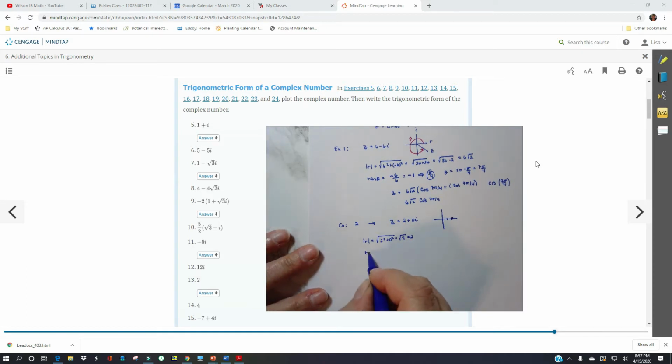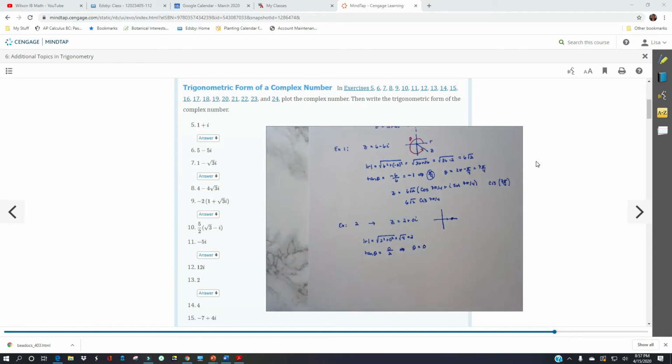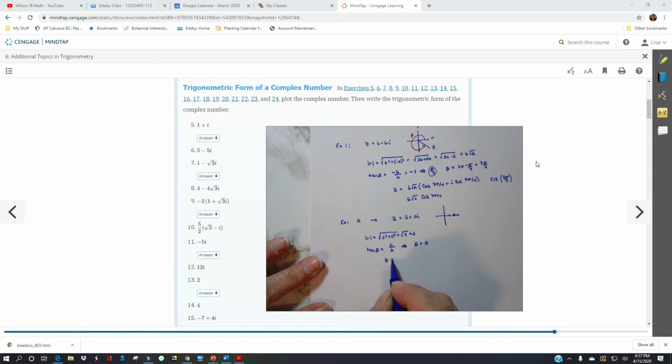Our tangent of theta is going to be b over a. And we have to say to ourselves, when is the tangent of an angle 0? Well, when the angle's 0. So what this implies is that this happens when theta is 0. So we can say that z is equal to 2 times the cosine of 0 plus i sine of 0.